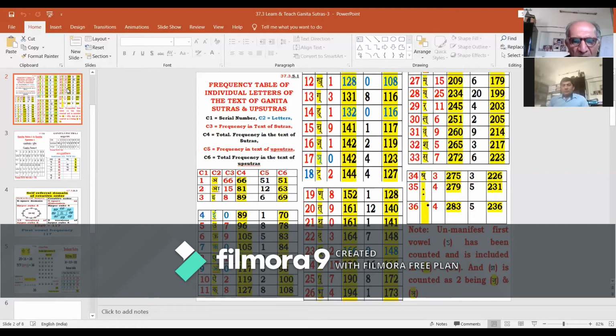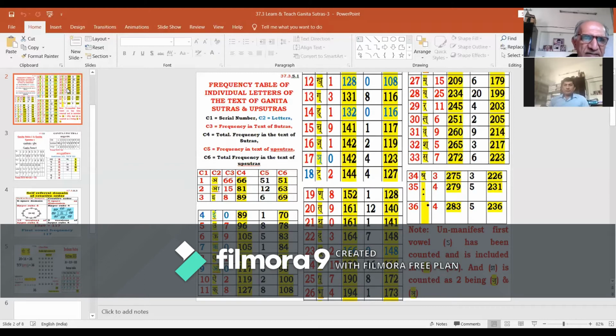There are in all 519 letters: Sutras as 283 letters, Upsutras as a range of 236 letters, making a total range of 519. 36 plus 519 as 555 takes us parallel with the total organization range of Vedanta, Brahma Sutra.